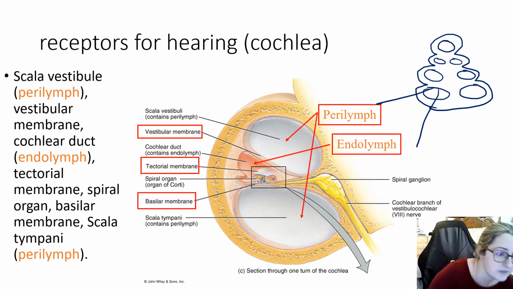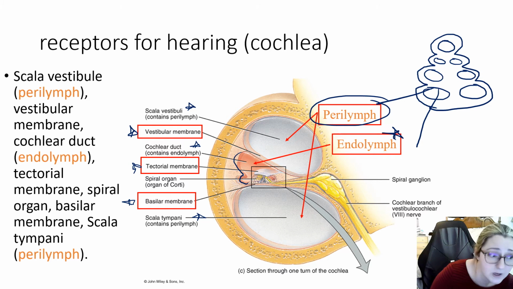And what we have is the vestibular membrane, the tectorial membrane, and the basilar membrane. But we do have these canals here that I do want you to know: the scala vestibuli, the cochlear duct, and the scala tympani. Now what's important about these is that they have different types of fluid in them. In the scala vestibuli and the scala tympani, you're going to have perilymph. In this cochlear duct, which is just this smaller portion here, is going to be endolymph. Make sure you know that.